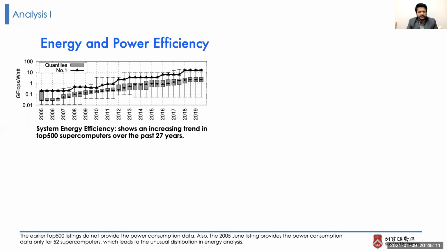We can clearly say that for each listing, the median energy efficiency of the corresponding Top500 systems has increased 1.2x on average. In addition, with the exception of 2005, the energy efficiency of the number one supercomputer is steadily positioned within the top 25%, demonstrating that the number one machines tend to run more energy efficiently than the other machines.